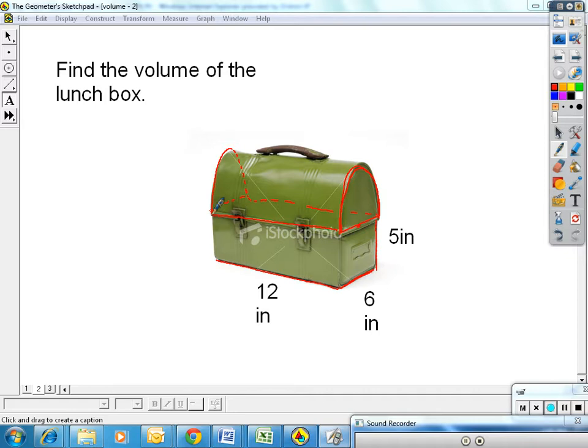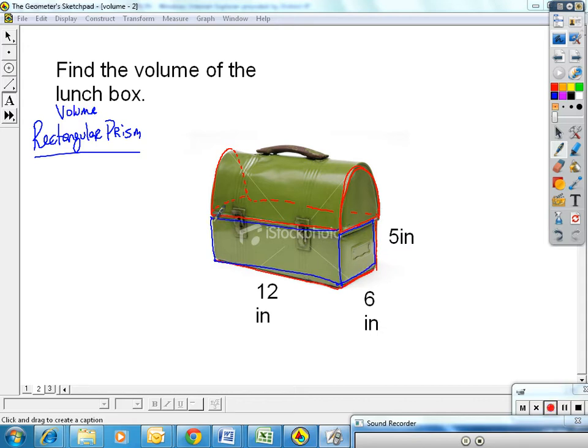Again, we're going to break this into parts, similar to what we did with area last chapter. We're going to look at the rectangular prism and find the volume of it. In blue, it's this right here.